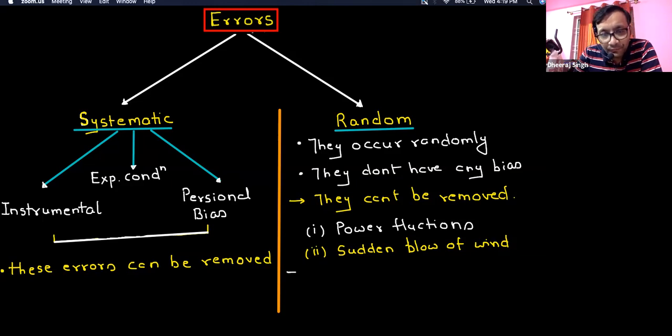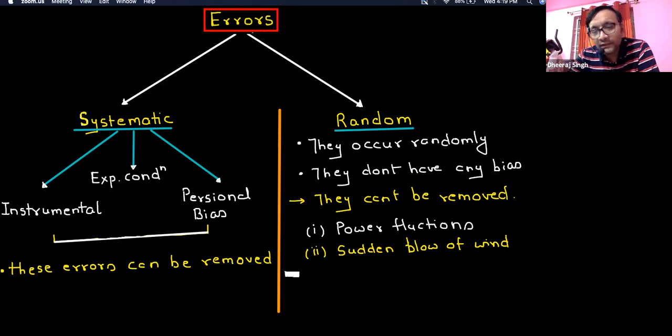Okay, the most common example which you can't do anything. Okay, power fluctuation, you can say, okay, I will use the direct current for the experiment. Okay, so you have changed the entire experiment itself, so the random error associated with the fluctuation can be gone.